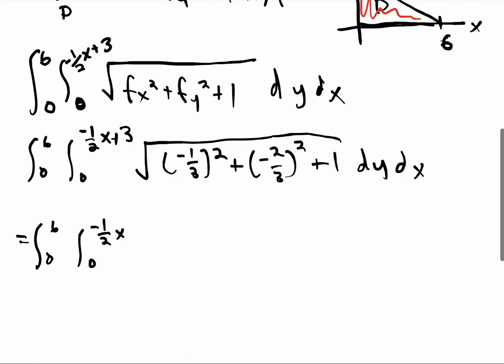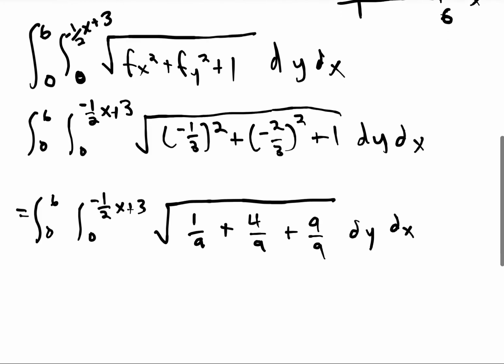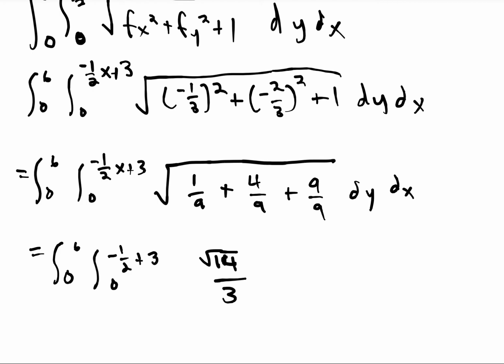We're getting all constants on the inside of that square root, so this shouldn't ultimately be too bad of an integral to take. Basically got a 1/9 plus 4/9 plus 9/9 here inside of my square root. So that'll be a root 14 over 9 when I go to simplify this thing, or root 14 over 3 if you actually reduce that square root of 9.